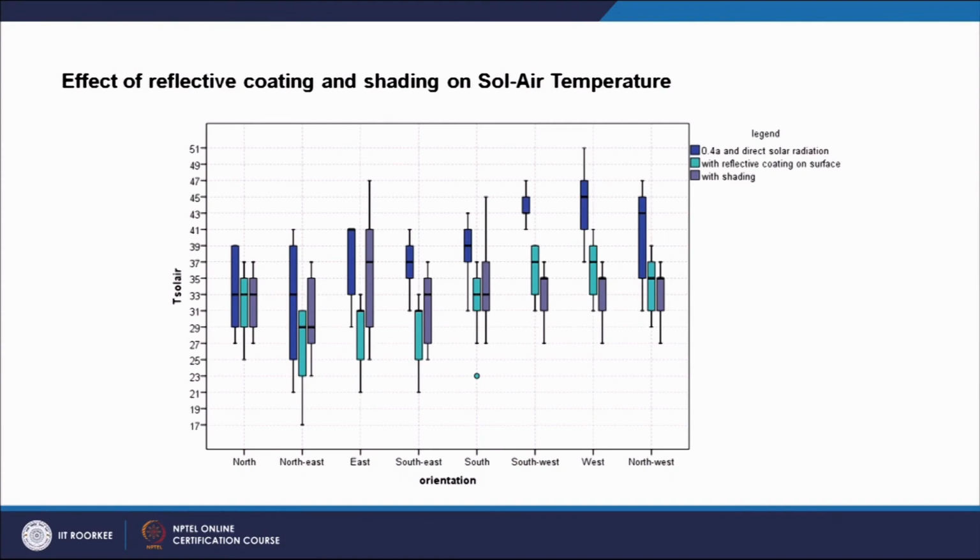Or if you do not have a choice, you have crossed the design stage, then the next best alternative would be to look for a reflective coating, but this is temporary. The coating would last for around 2 to 3 years, after which it loses its reflective property and has to be recoated. There can be a slightly better improvement with a reflective coating, but with a permanent shading system the whole sol-air temperature can be brought down.